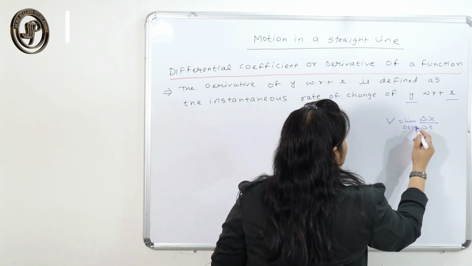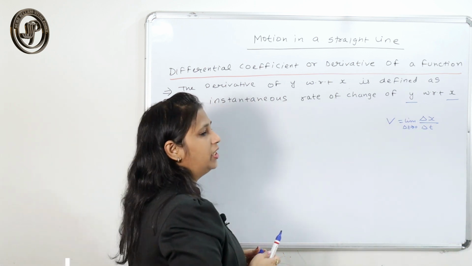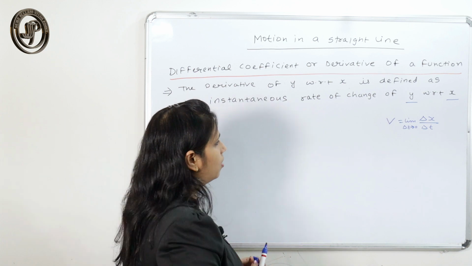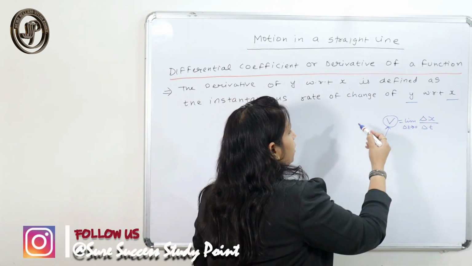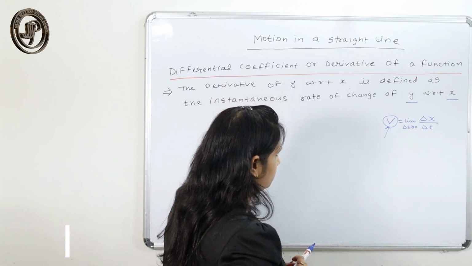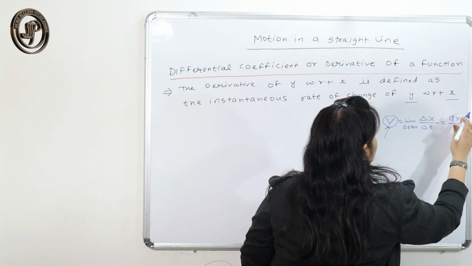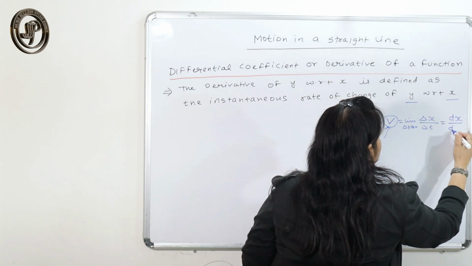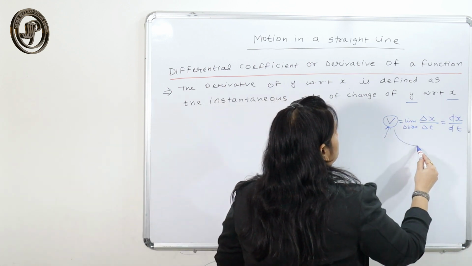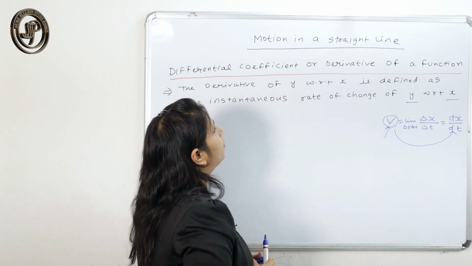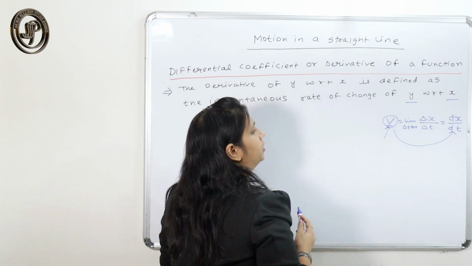When the time is infinitesimally small, the rate of change of displacement is termed as instantaneous velocity. This can be written as dx by dt. So, this is nothing but the differential coefficient or derivative of x.